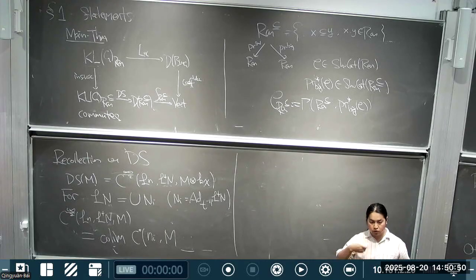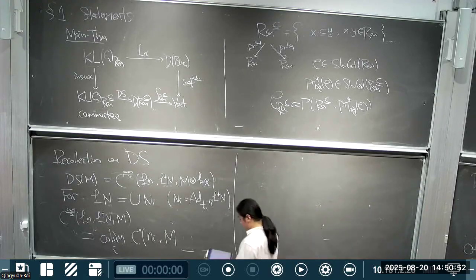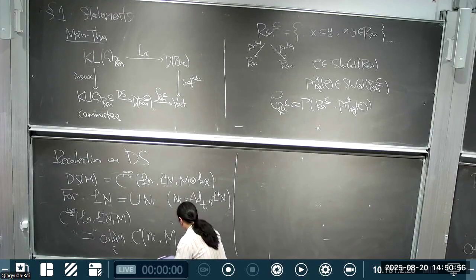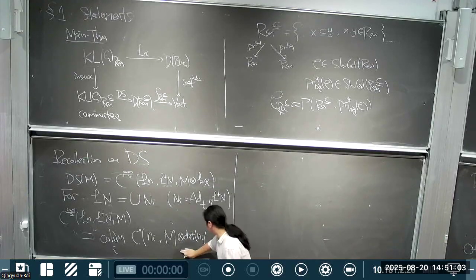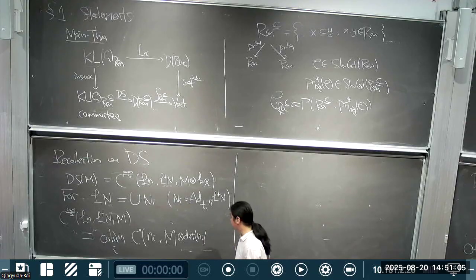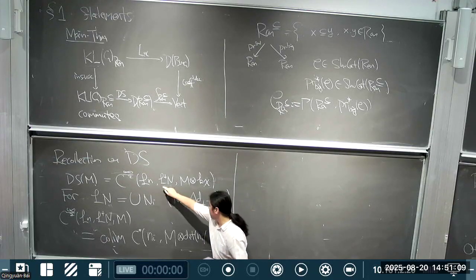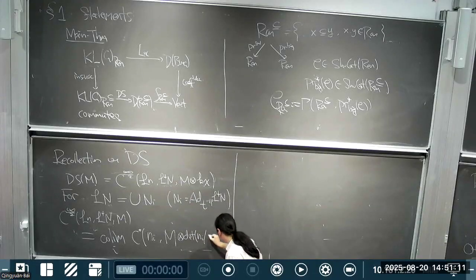You need to produce a shift and twist. So let me first tell you what this twist is. Twist means you tensor with some line. So it's the determinant of the quotient of Ni by this N0, which I mean just this R group, the algebra of this R group.